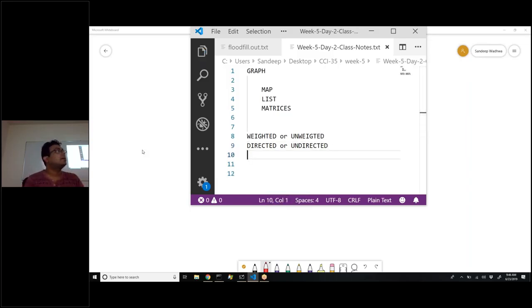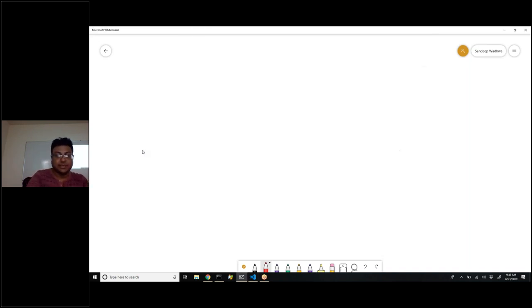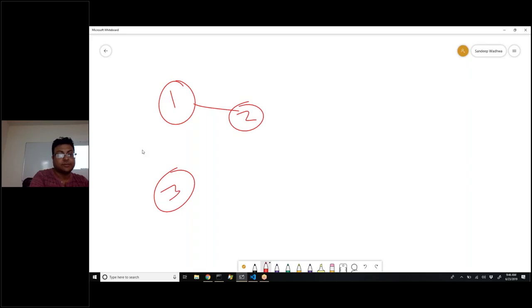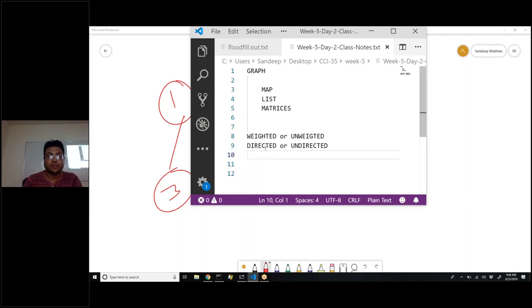What is directed versus undirected? If there is an edge from A to B, you cannot go B to A. What will change if we are representing a graph? Let's say I draw a graph with 1, 2, and 3. This graph that I have drawn, this is what category of graph? Can we categorize them based on these 4 factors?